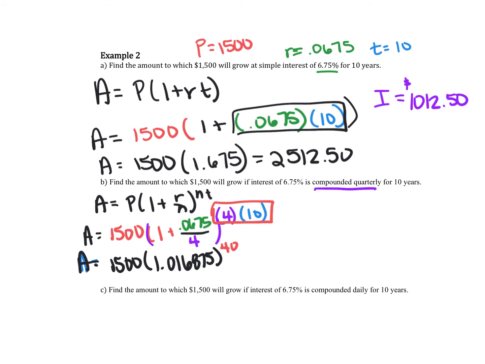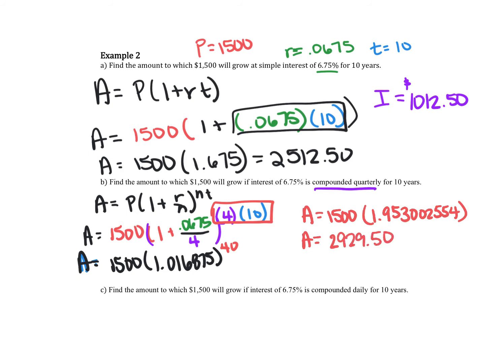A is equal to 1,500 times this new number when I raise it to the 40th, which is 1.953002554. And if I want to solve for A now, I just multiply that number by 1,500. And I get A equal to $2,929.50.